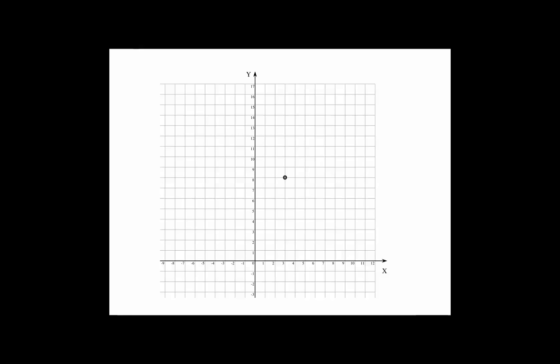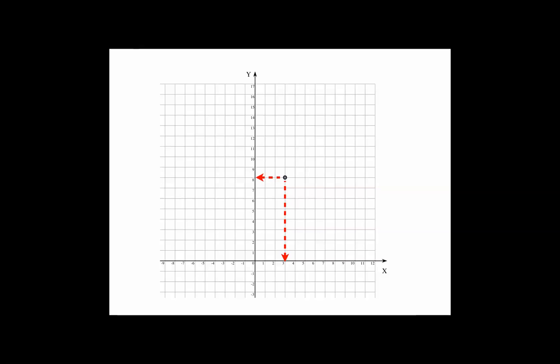If you look straight down to the horizontal line, that is called the x-axis. And you'll notice that the point is lined up with the number 3. If you look to the left, you will see a vertical axis called the y-axis. The number that that point lines up with on the vertical axis is 8.